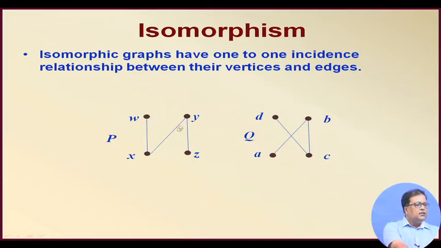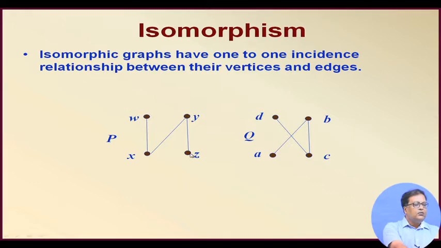They are connected in a certain manner, and here also A, B, C, D. They are connected in the same manner, although they do not look exactly the same if you just look at them. In simple words, W and X are connected, A and B are connected. So, W corresponds to A and X corresponds to B. Is it all right? Similarly, X and Y and B and C. X is connected to Y and B is also connected to C.